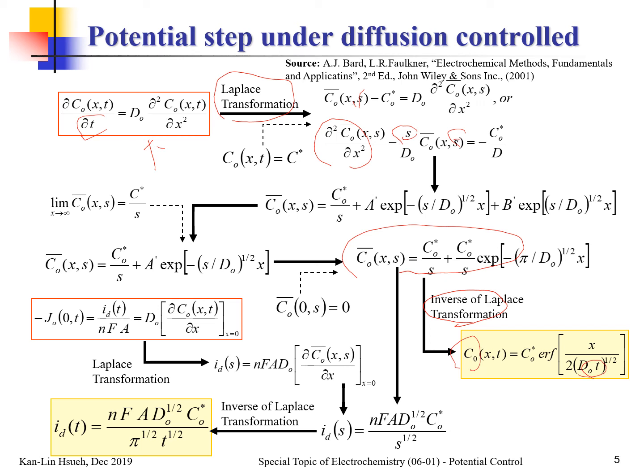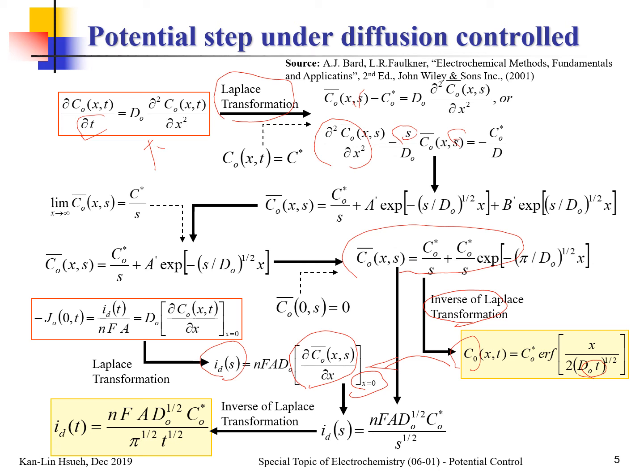And since the mass transfer diffusion equation says the current density equals the concentration gradient at the electrode surface at x equal to 0, we can substitute the concentration into this equation and differentiate against time.